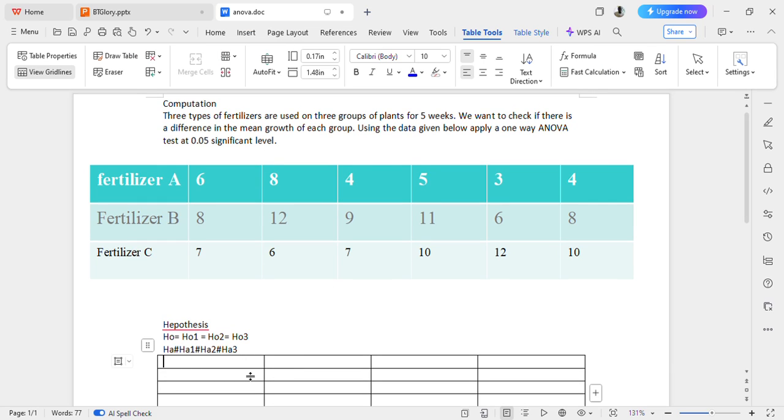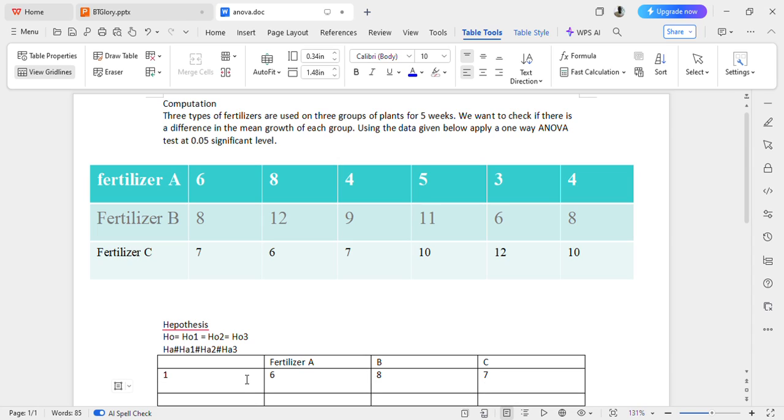So we have fertilizer A, B, and C. I'm just inputting everything for all the 3. So we have 6, 8, 7.